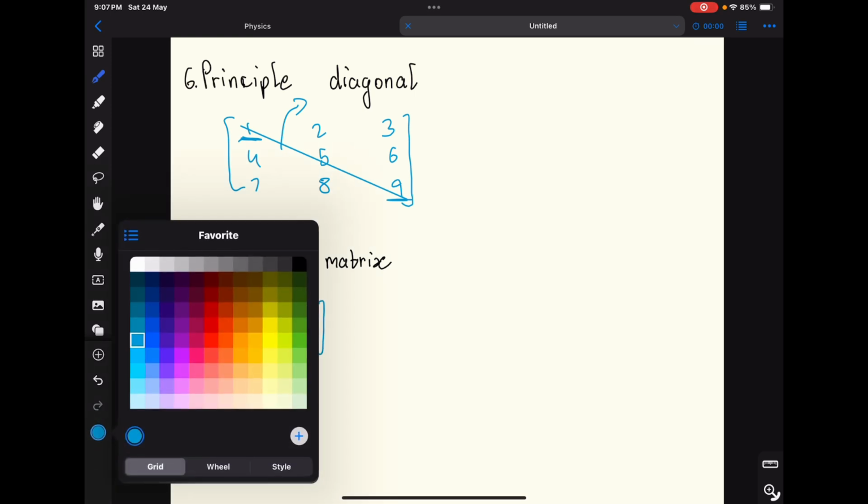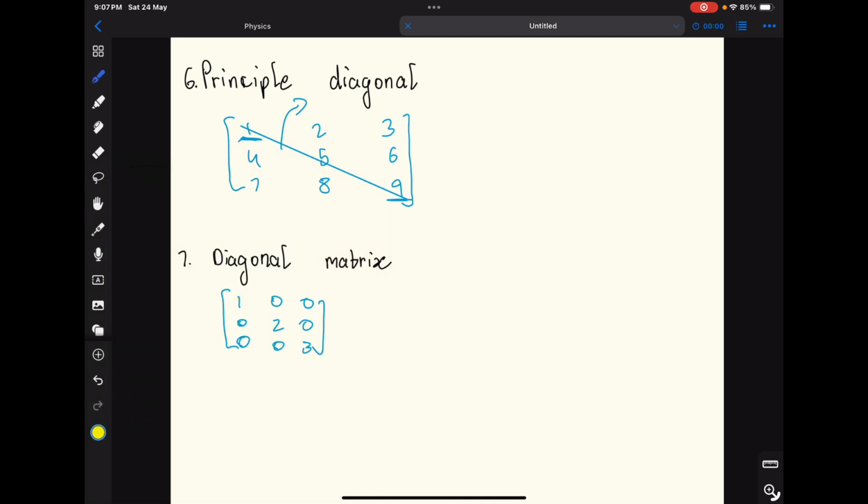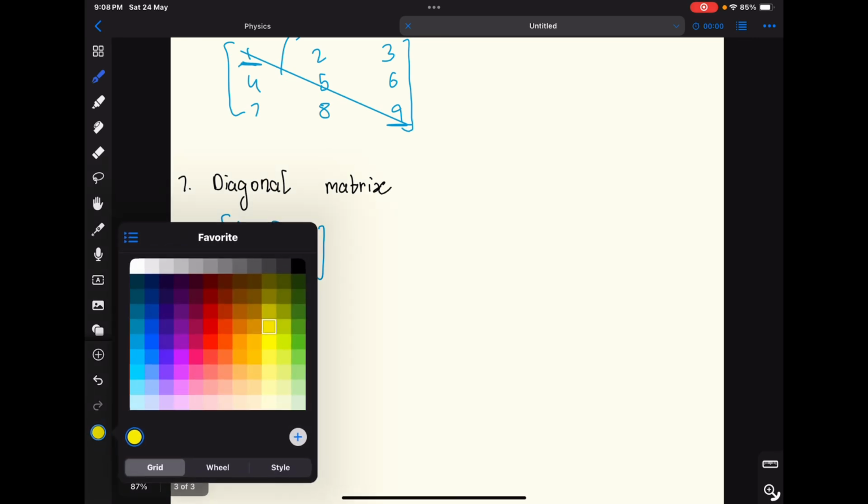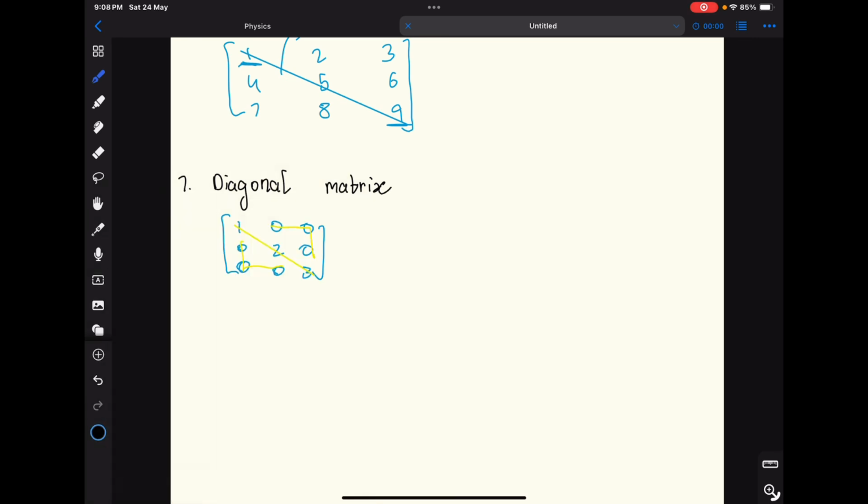Here the numbers in the principal diagonal are non-zero elements, but except for those, the other elements are 0. So this is called a diagonal matrix. All clear? Yes. Now let's go to the next matrix.